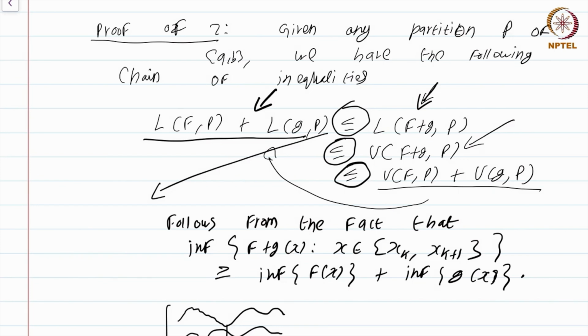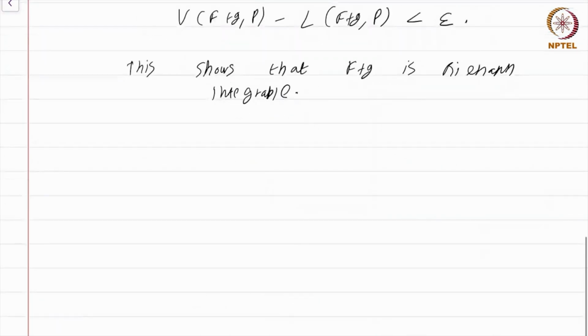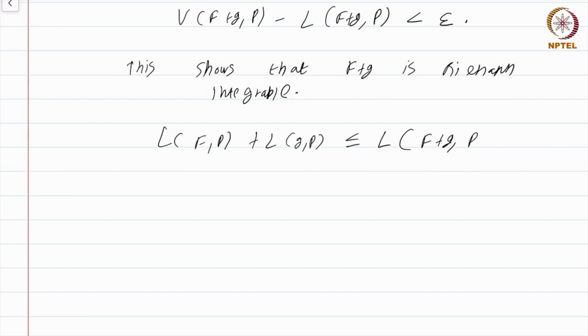But as you run through all partitions, we still have the inequalities L(f,P) plus L(g,P) is less than or equal to L(f+g,P) is less than or equal to U(f+g,P) is less than or equal to U(f,P) plus U(g,P).